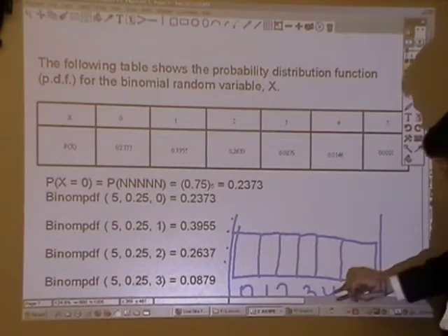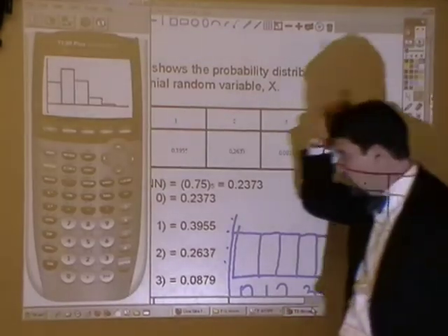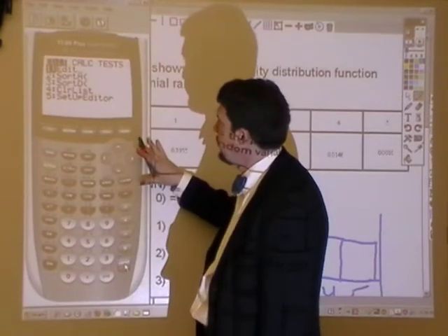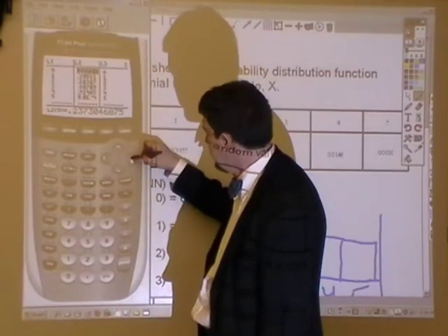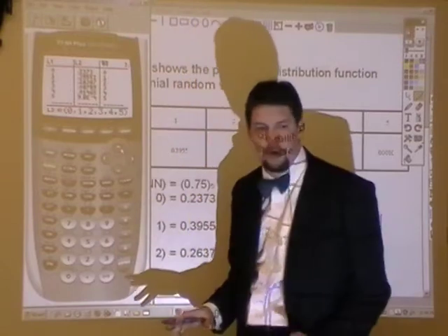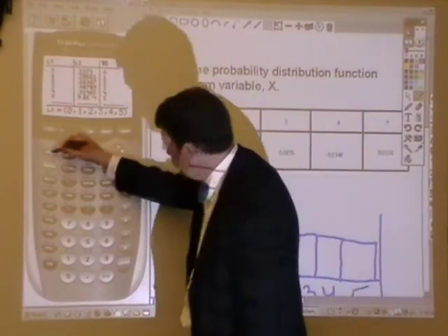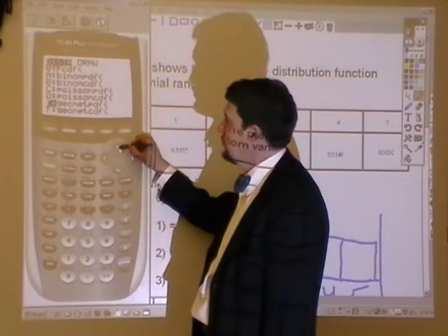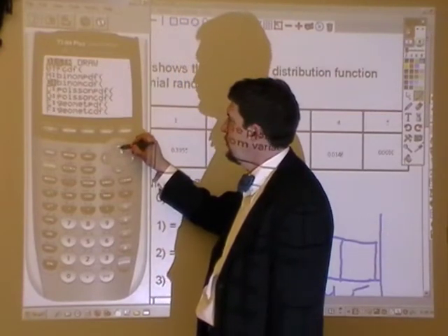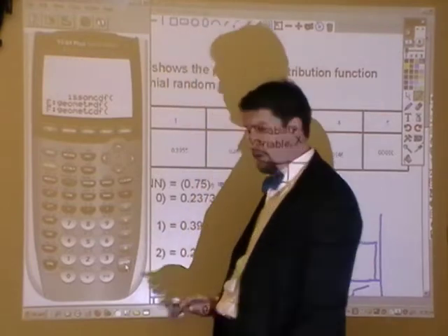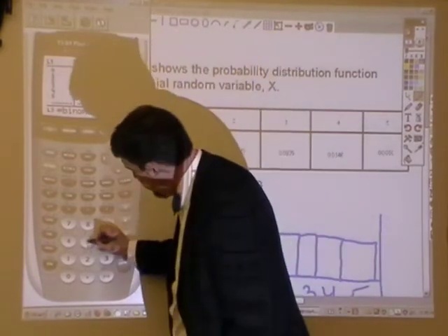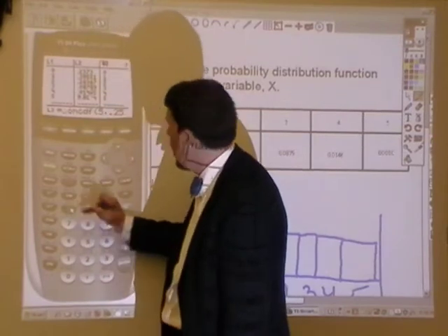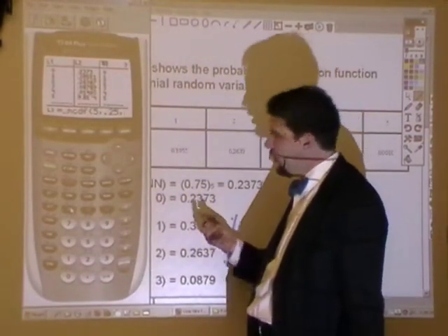So, let's go to the calculator, let's go to stat, let's go to edit, let's go to L3, and in L3, let's go up here to the menu, let's do the binomial CDF. So we'll go to distribution again, well this time we'll find binomial CDF, n, p, r, same values, 5 kids, probability 0.25, comma, and then where's r? r again is L1.